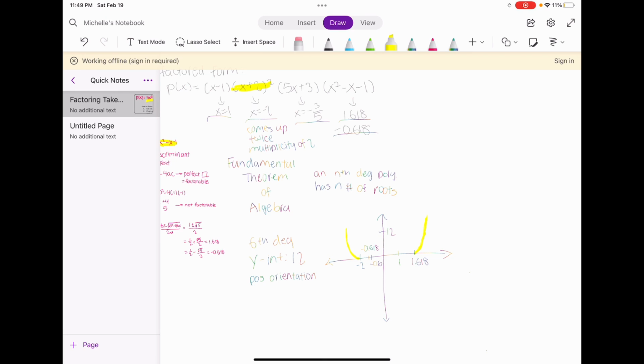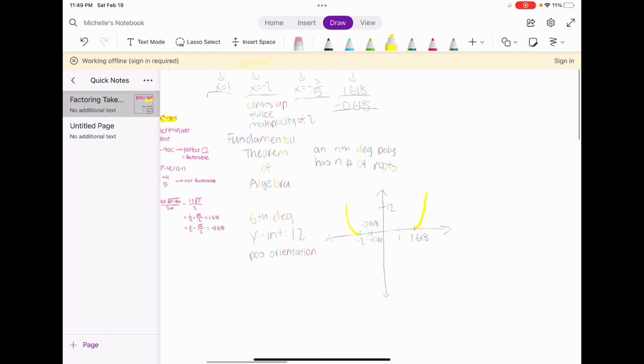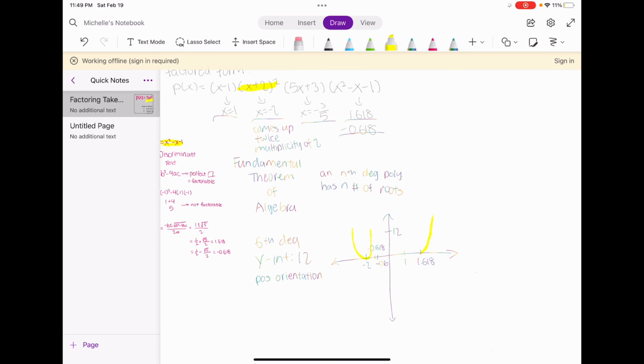So it's gonna go down until it hits x equals -2, and we know that this factor is squared, which means that it bounces off at this point. This happens for any factor that's raised to an even power. It bounces off. It forms a little parabola shape at the root. Whereas for linear factors, it just goes straight across.